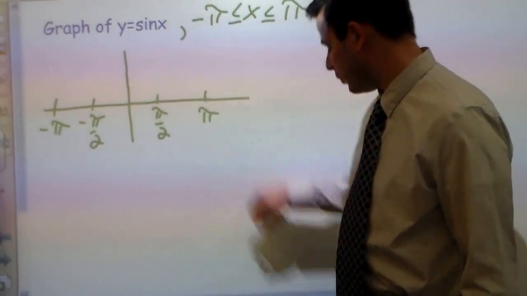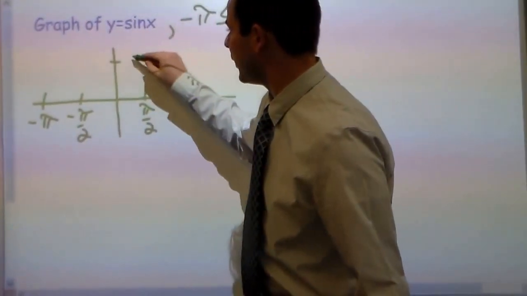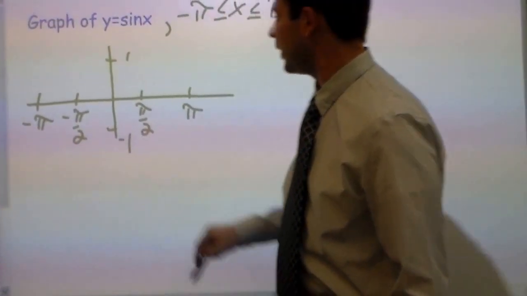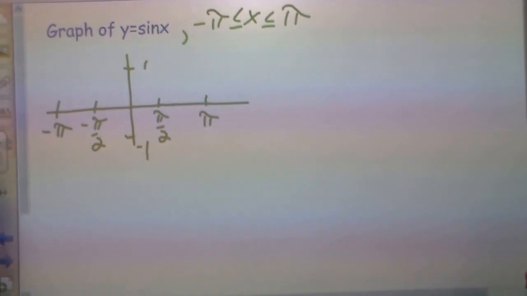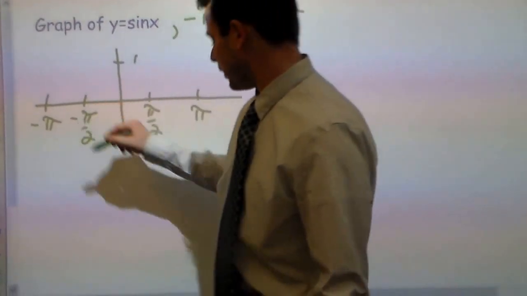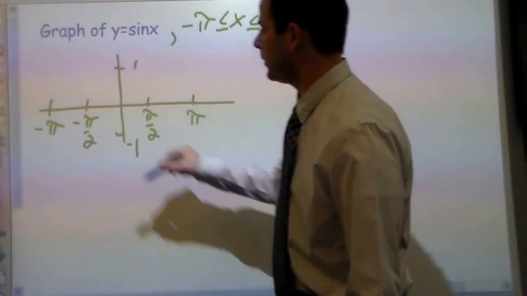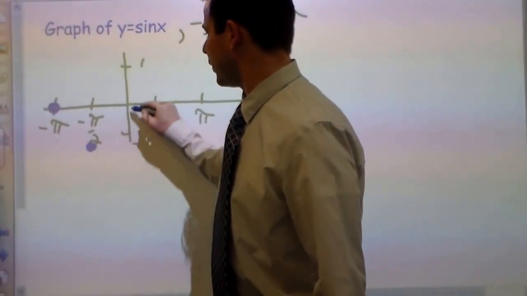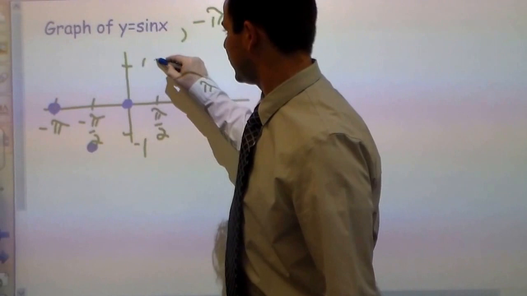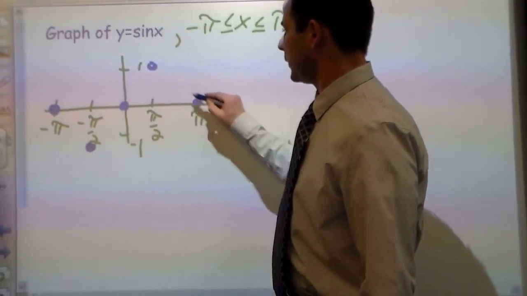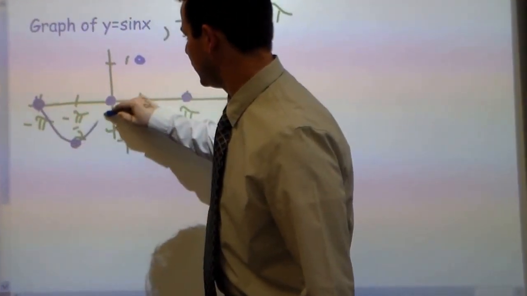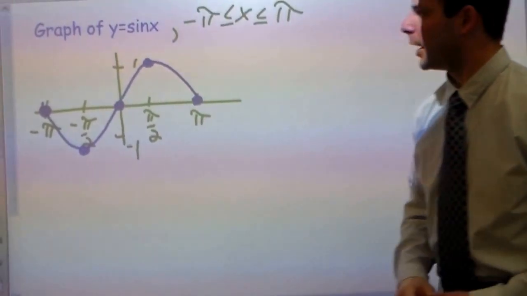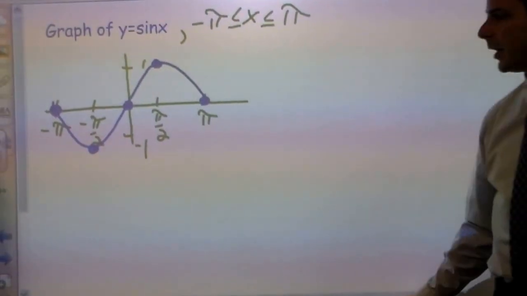So we have an amplitude of 1, which is telling me that I have a 1 and a negative 1 on the y-axis. So let's plot the ordered pairs for sine. And we end up with something that looks like this. So here is y equals sine x from negative pi to pi.